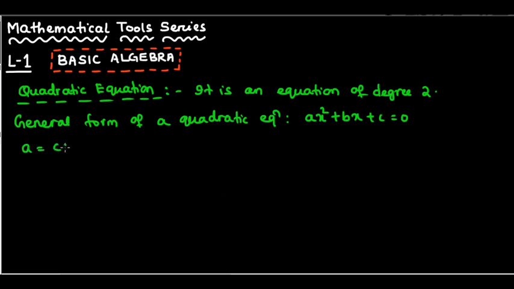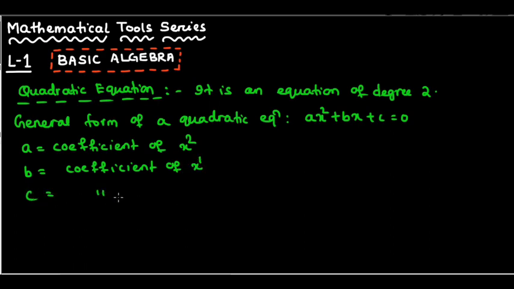A is the coefficient of x square, and b is the coefficient of x, or I can say the coefficient of x to the power 1. And what is c? C is the coefficient of x to the power 0. And this a, b, c are constant quantities for a given equation.